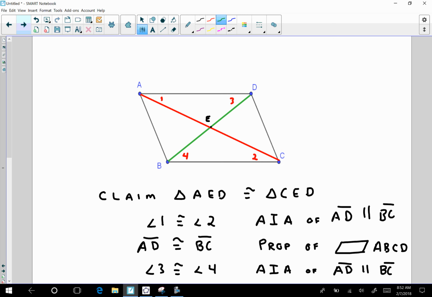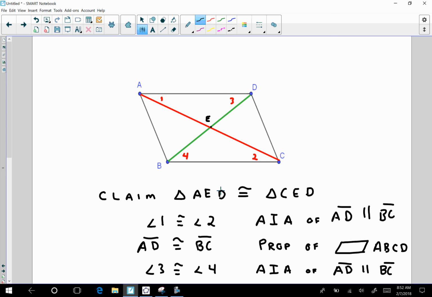And E is the intersection point of the diagonals AC and BD. It's where the two diagonals intersect in this parallelogram.